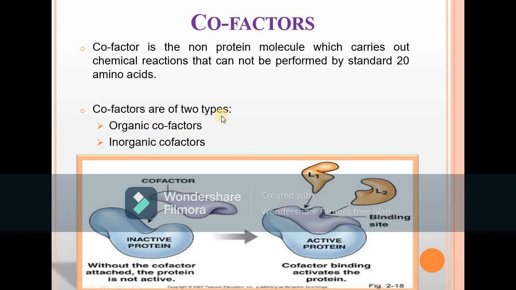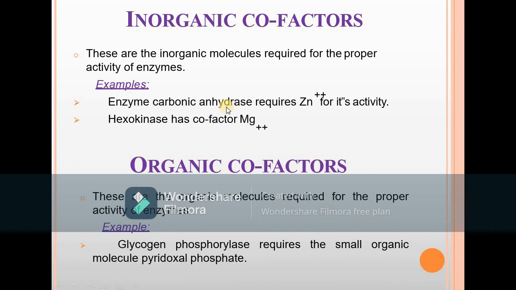Cofactors are of two types, organic and inorganic. The inactive protein becomes the active protein when a cofactor gets attached to it, and after its activation the enzyme will bind here.